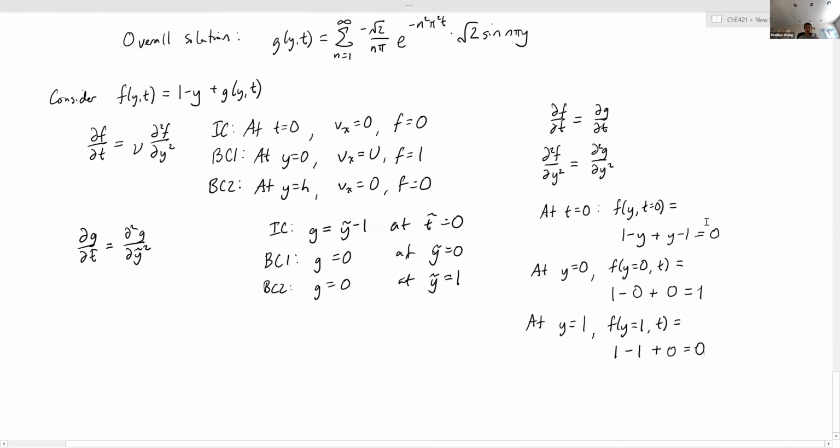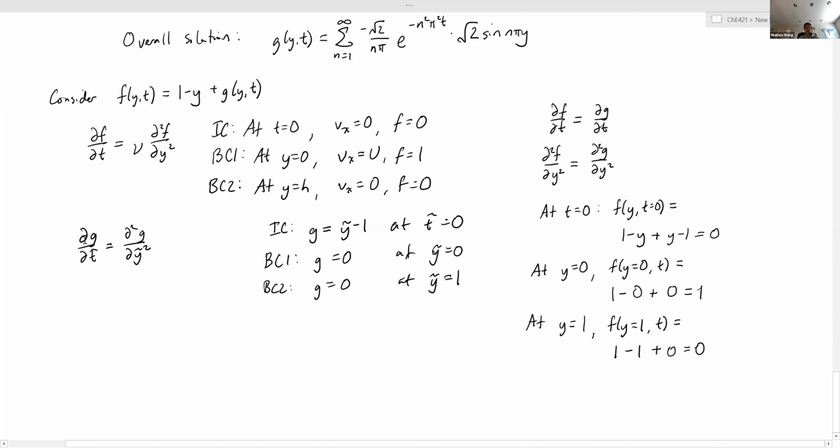See this right here. This is the initial condition at time t equals 0, f equals 0. Boundary condition 1, which is that at position y equals 0, f is equal to 1. And boundary condition 2, which is that at position y equals 1, f is equal to 0. Right? And it also satisfies our initial differential equation, because df dt is dg dt, and d squared f dy squared is also equal to d squared g dy squared.